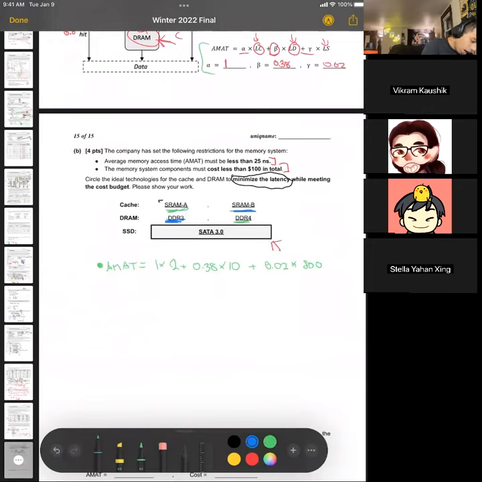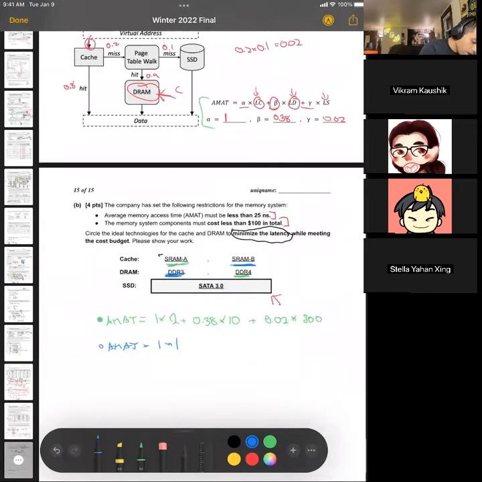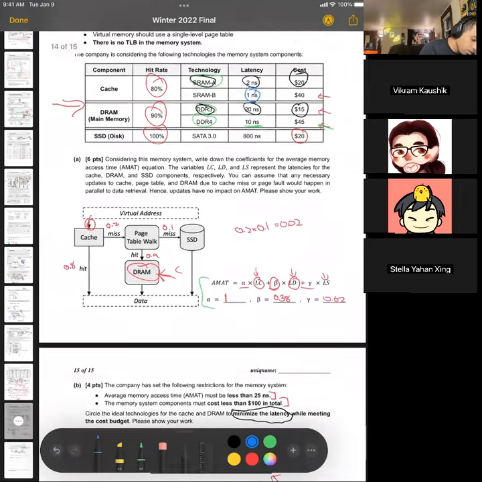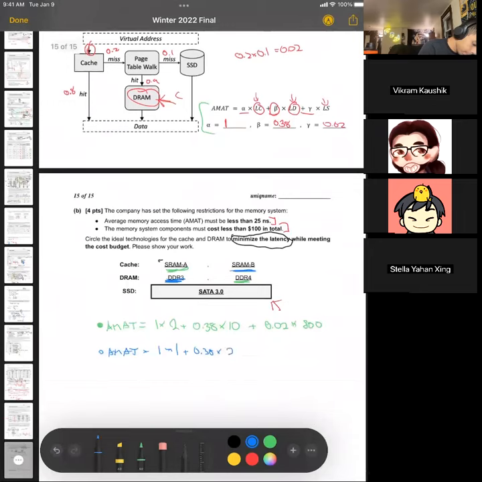And then for the blue option, our AMAT is equal to 1 times 1, the one coming here, plus 0.38 times the other DDR, which is 20. And then the last part's not going to change. So these are my two AMATs. Somebody want to throw those into a calculator?